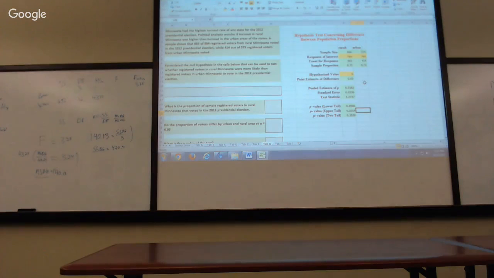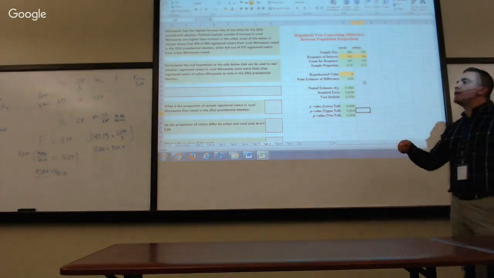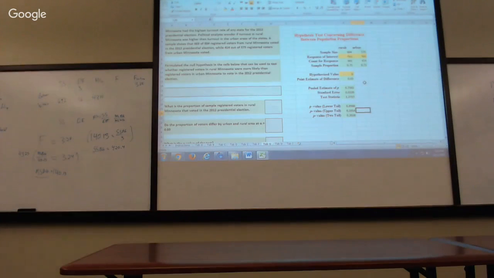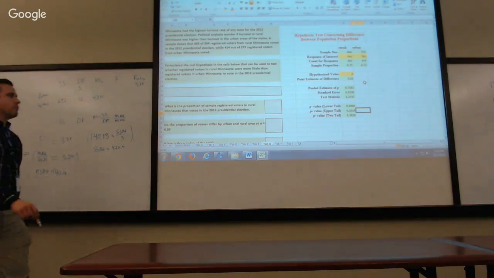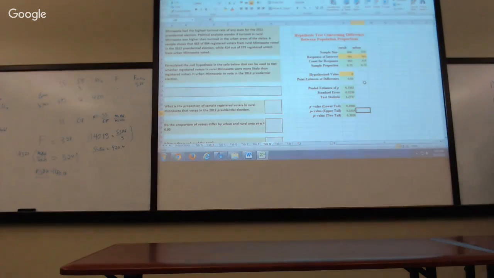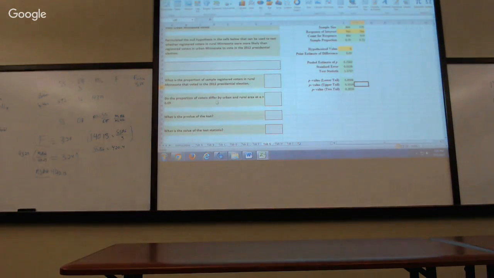So 0.1014 is greater than our alpha value of 0.05. So we would fail to reject the null. We cannot prove that rural voters turn out in greater numbers. So the proportion of voters differ.